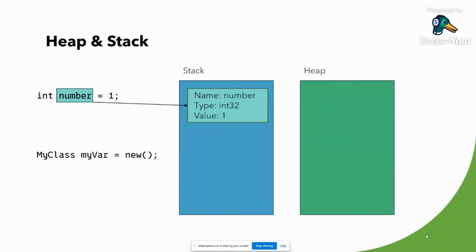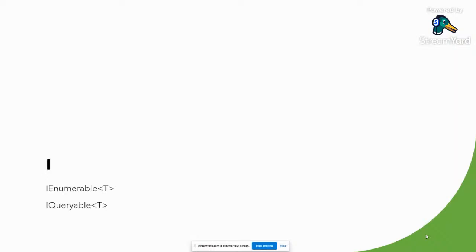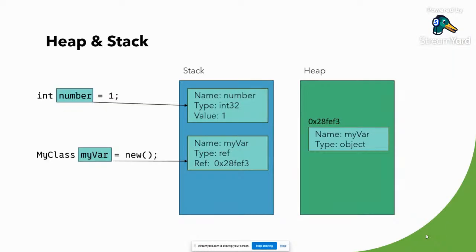If you, on the other hand, declare a class or object, it gets put on the heap with a name, a type, and an address. On the stack, you get another object that points to that object on the heap. That's what happens in memory.